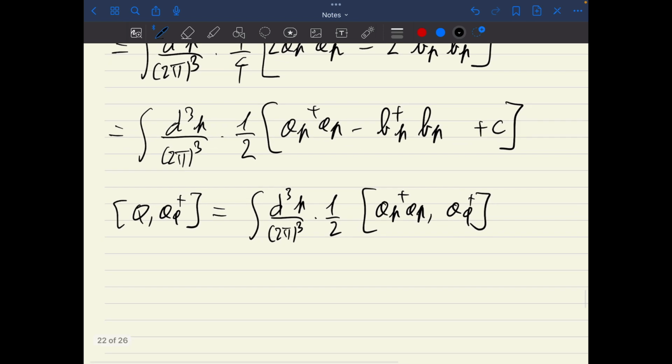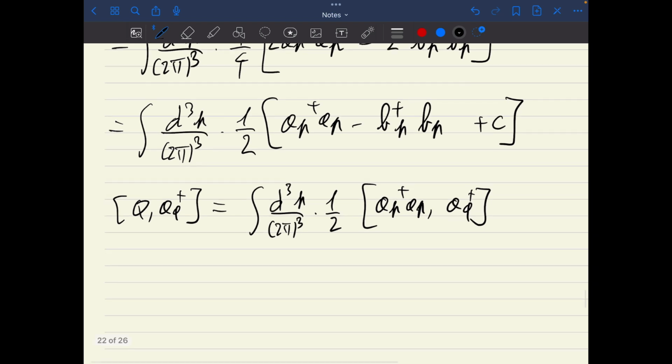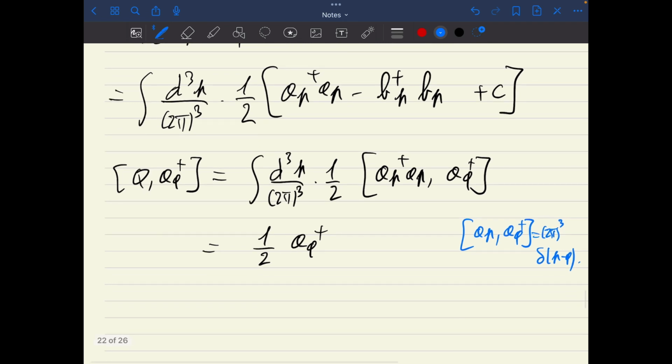Now A P dagger and A Q commute, so this can go out of the integral as well, and therefore we are just left with 1/2 of A Q dagger. Okay, so that's the first result. The reason for that, of course, is that A P A Q dagger is equal to 2 pi cubed delta of P minus Q.